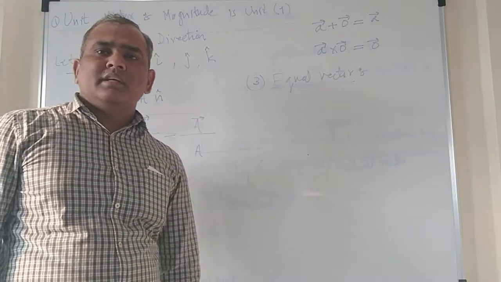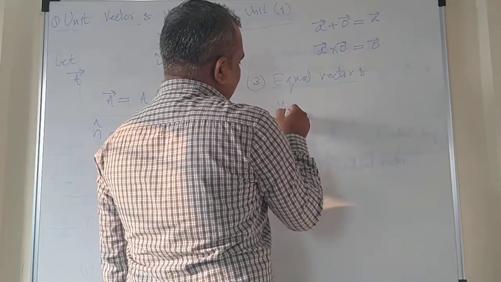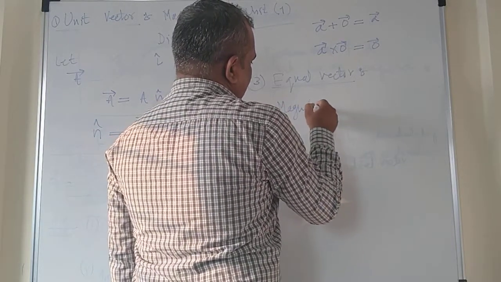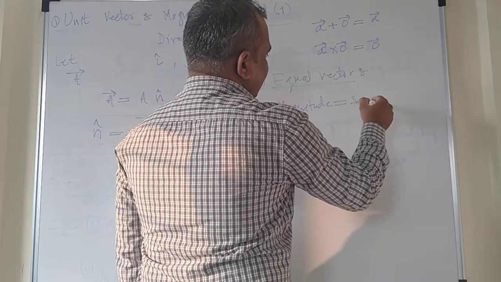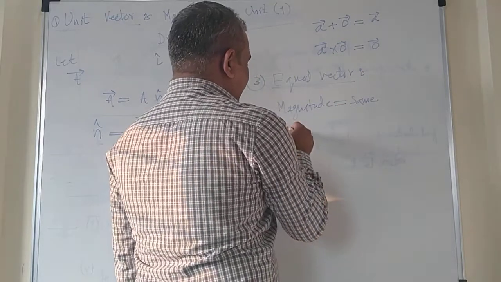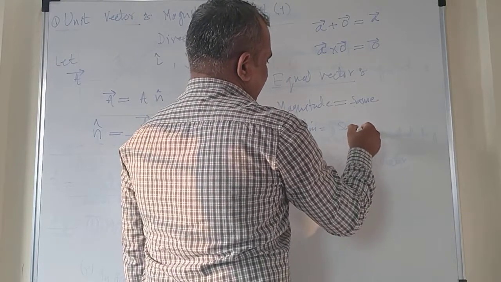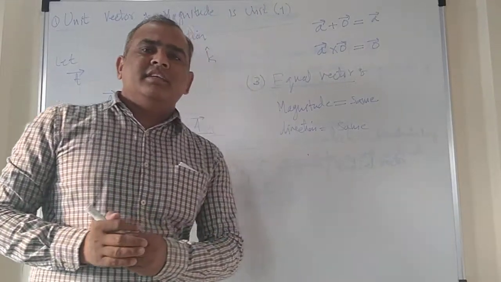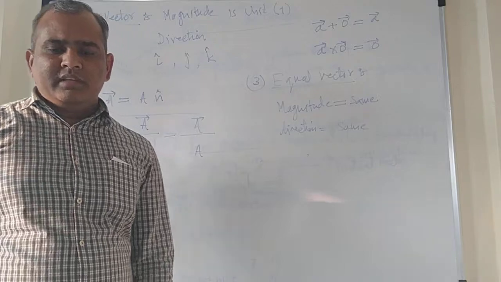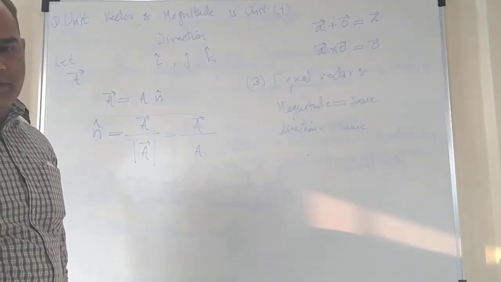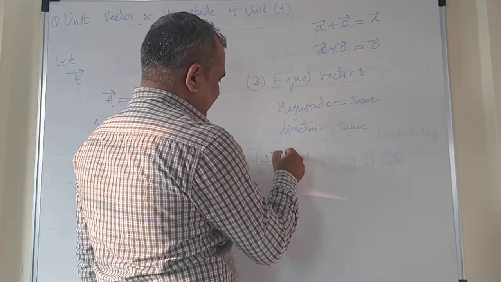Equal vectors means the vectors whose magnitude must be the same, and those are moving along the same direction. I can say the vectors whose magnitude and direction are the same are called equal vectors. Got it? Now the next definition is the negative vector.